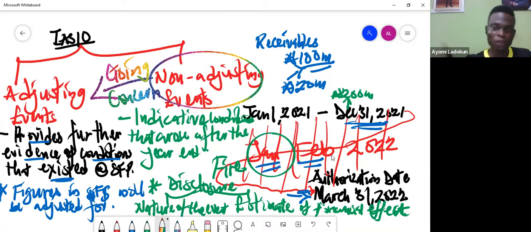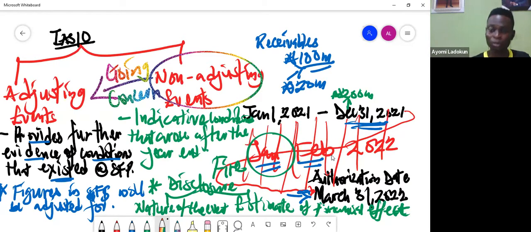For example, towards the year end, you can decide to recognize certain transactions so that after the year end, you can now start to reverse. For example, you can start issuing invoices to customers when they have not placed orders. That's what they call channel stuffing. It's part of a window dressing technique. Because of accrual basis of accounting, you go ahead and recognize revenue, and then you also recognize receivable.